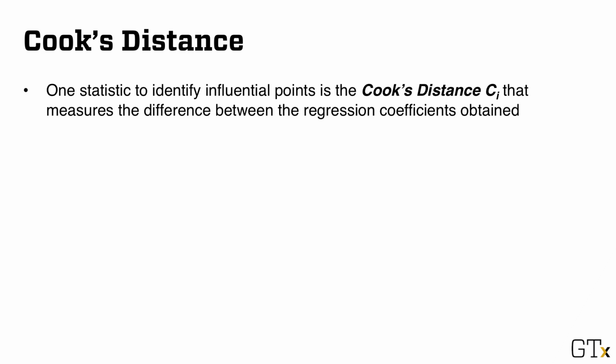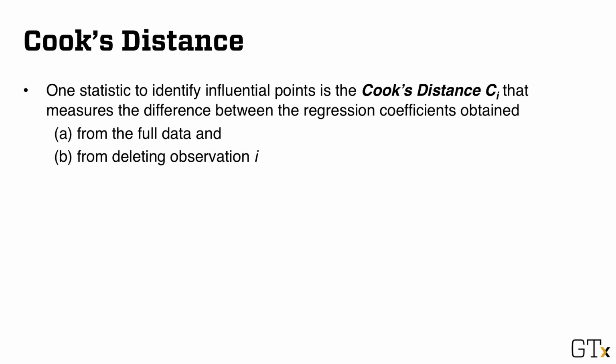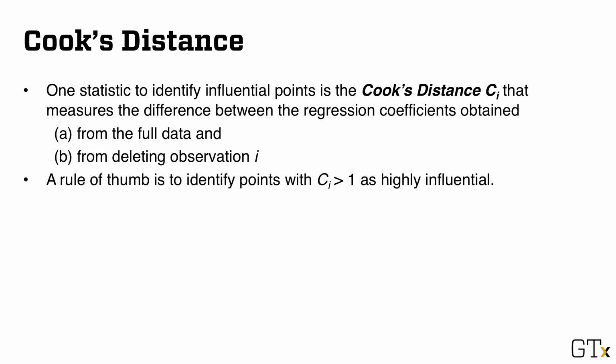Another metric that is used is called Cook's distance, and this is used to identify influential points. This measures the difference between the regression coefficients obtained from the full data and from deleting observation i. A rule of thumb is to identify points with Ci greater than 1 as highly influential.